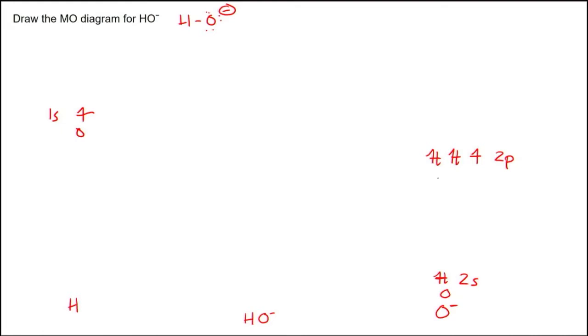The one that's actually closest in energy is going to be the 2p. There are three p orbitals: the pz, the px, and the py. There's only one orbital that the 1s can really interact with, because it has the right shape. It's the p orbital that's pointed towards the 1s orbital.